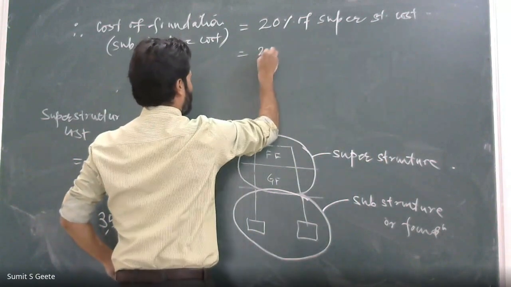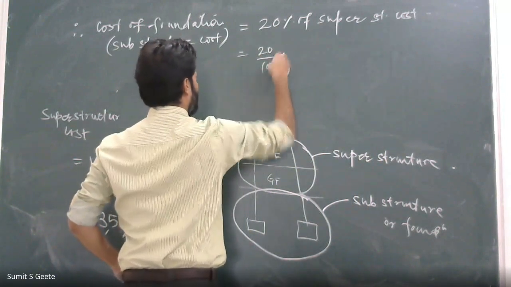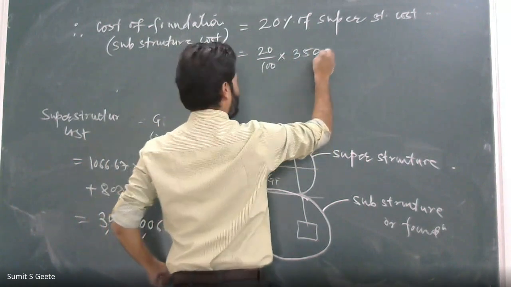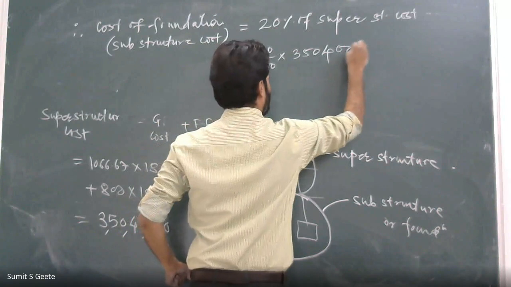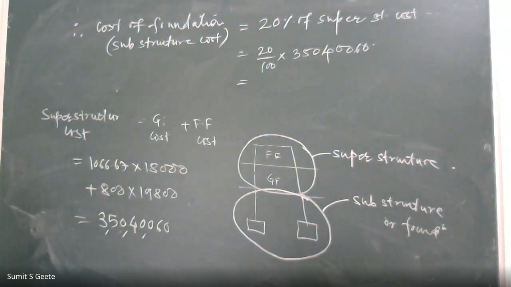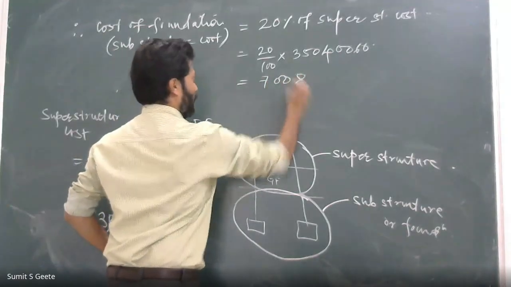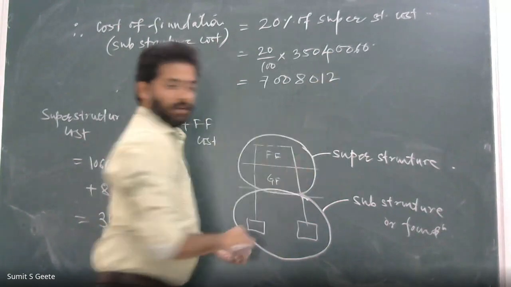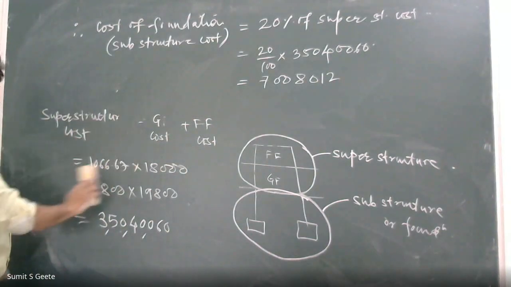So 20 divided by 100 multiplied by this value, 350, then 41260. So tell me this cost. 7008012, right?